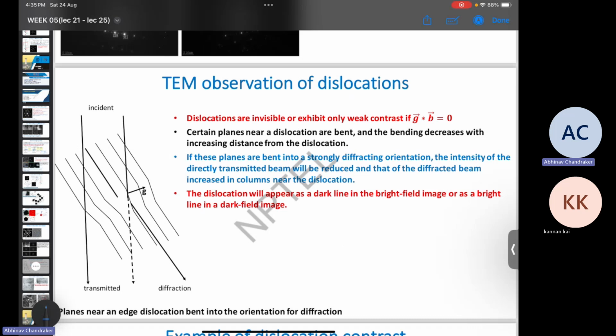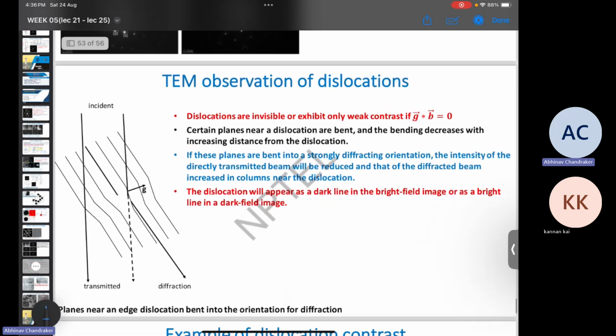They will change slightly based on the different defects that are present in the crystal. There are multiple defects that can be present in a crystal. There are 1D defects like point defects, 2D defects like dislocations, then three-dimensional defects like porosities or different phases of precipitates that might be forming, which are undesired.